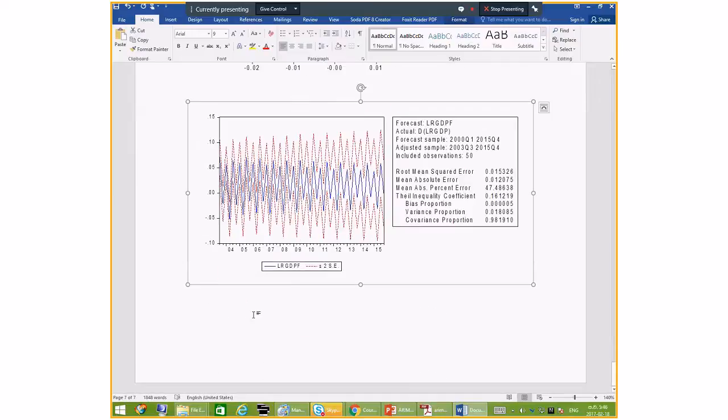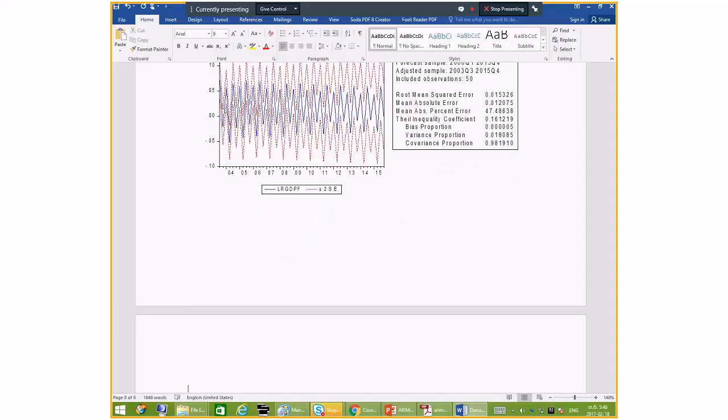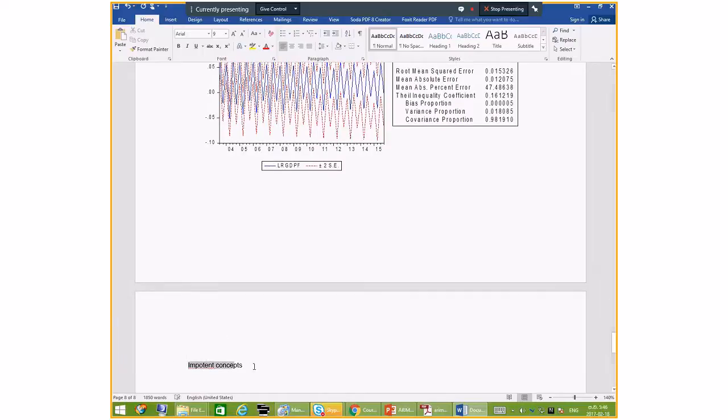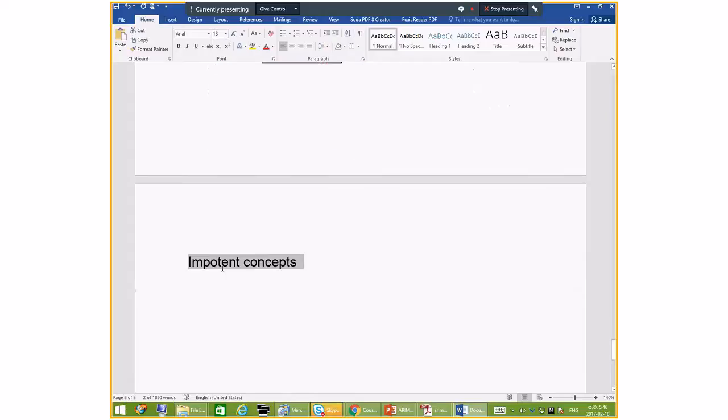Important concepts of the ARIMA model are stationarity, and integrated variable, whether the series is stationary in the first levels, first difference or second difference.